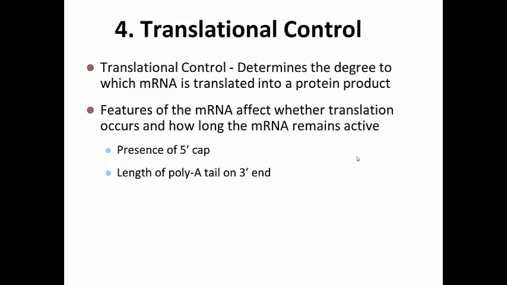But more importantly, the length of the poly-A tail on the 3' end of the messenger RNA is going to determine, as we mentioned previously, how long that messenger RNA lasts in the cell, and therefore how many times it's going to be read, and therefore how much protein product is produced from the messenger RNA.